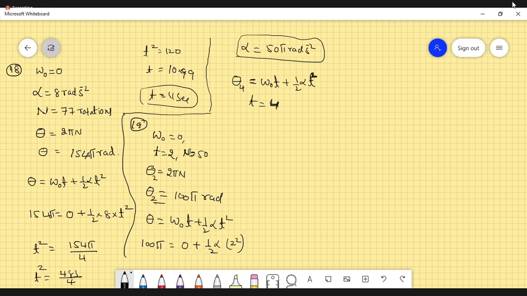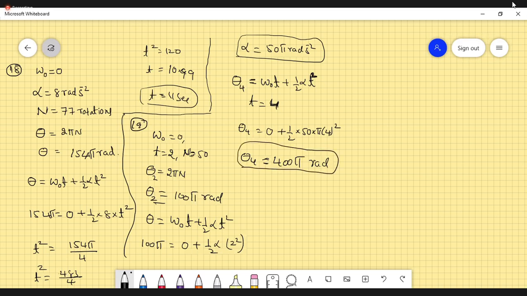So theta 4 equals 0 plus 1 by 2 into 50 pi into 4 square. 4 square is 16, by 2 is 8, times 50 pi is 400 pi radians. This is for the total 4 seconds.